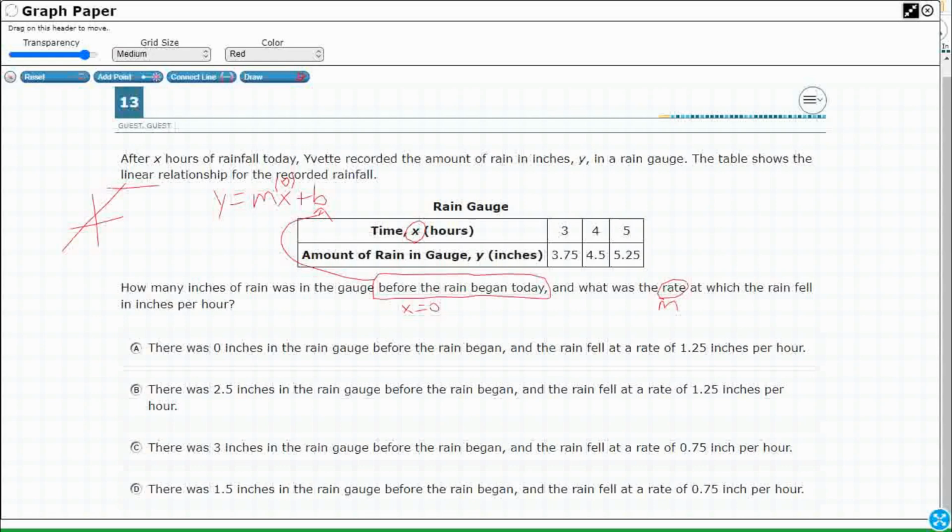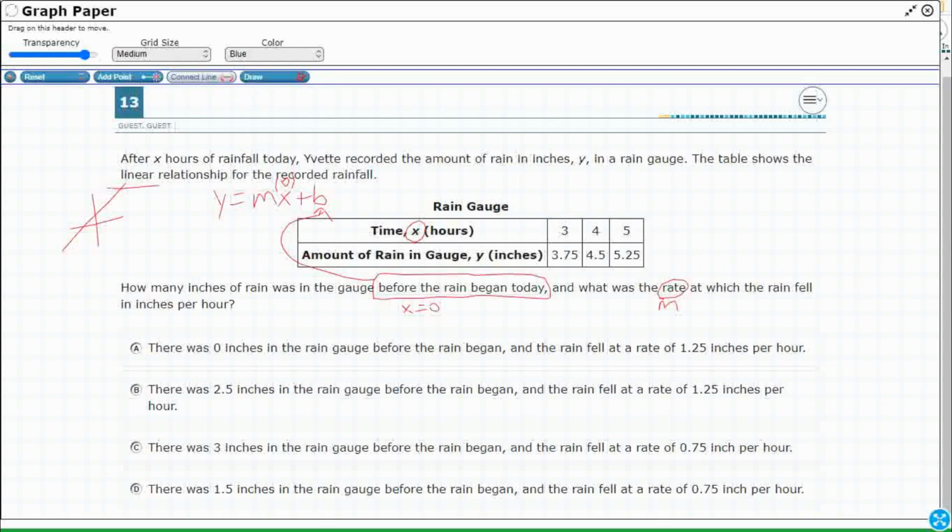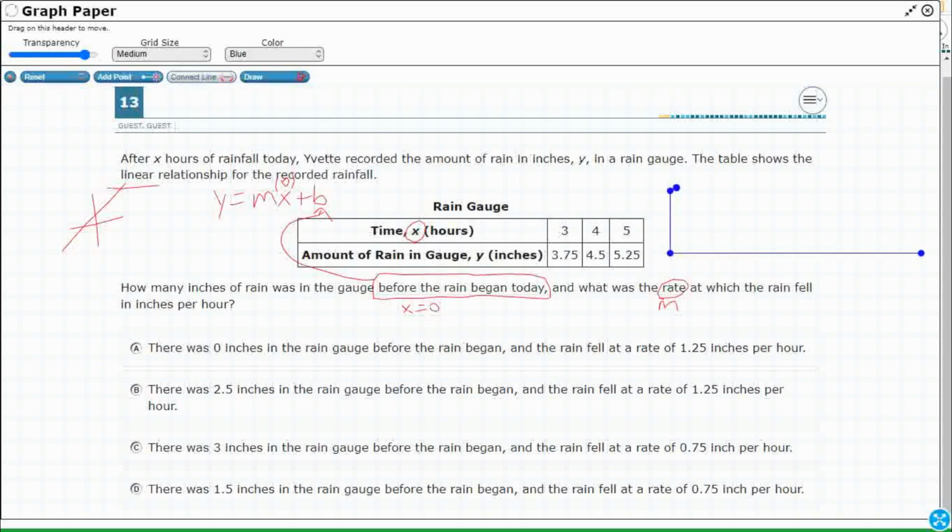So there's many ways to look at this. The way that makes the most sense to me is I'm going to take this table and recreate it here. I'm going to use the connect line feature and extend it out like this.